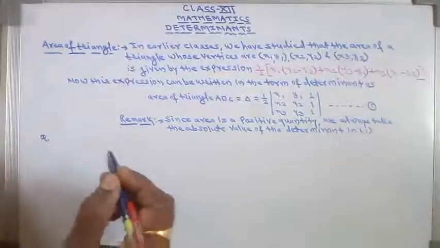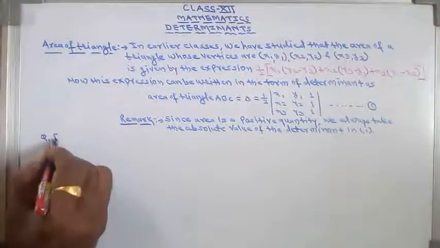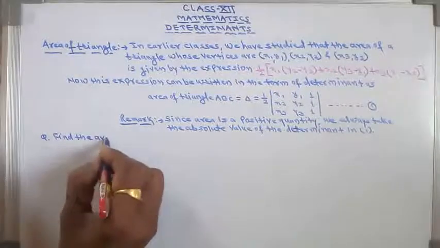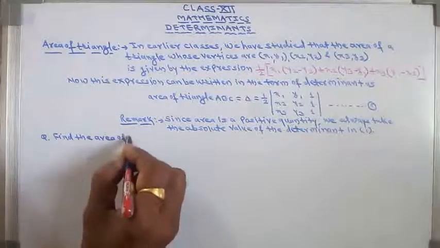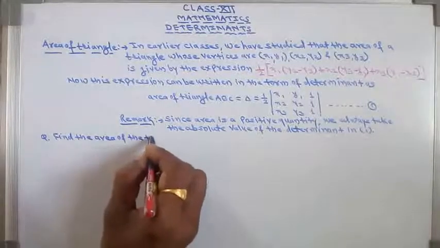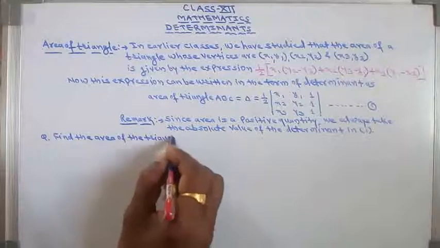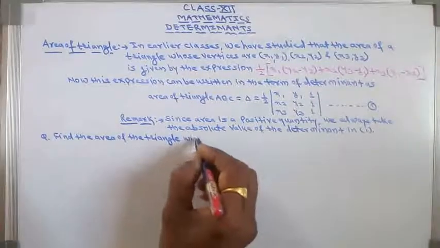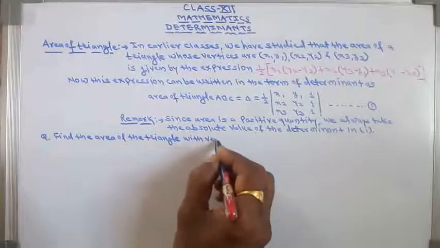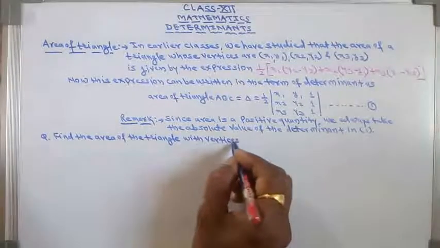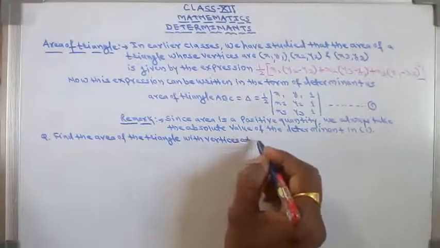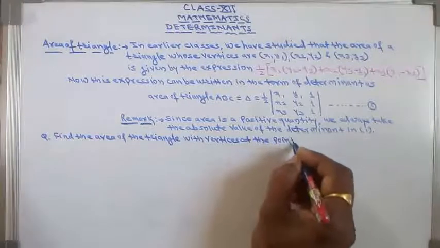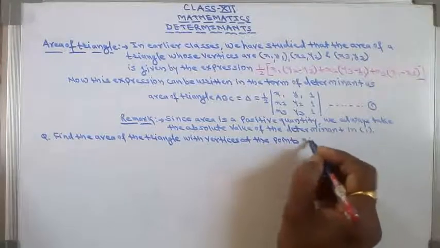Question: find the area of the triangle with vertices at the points given.